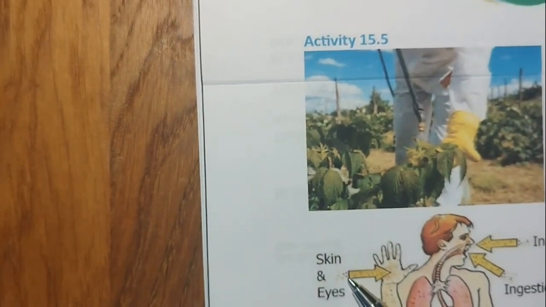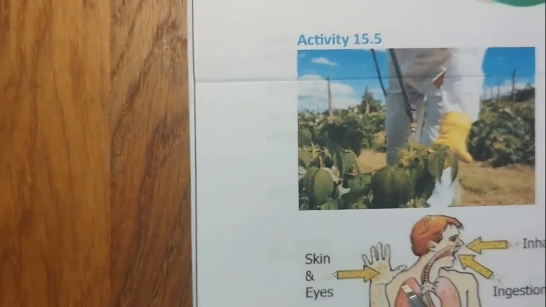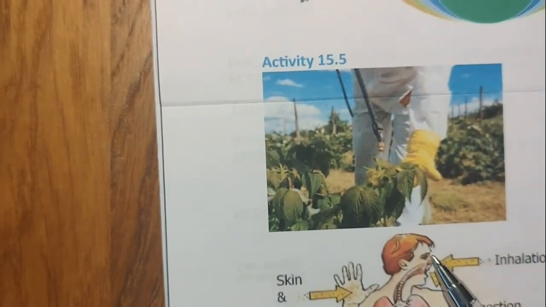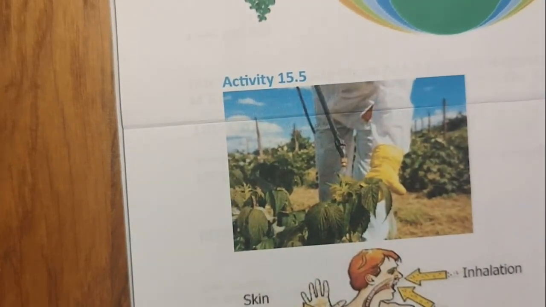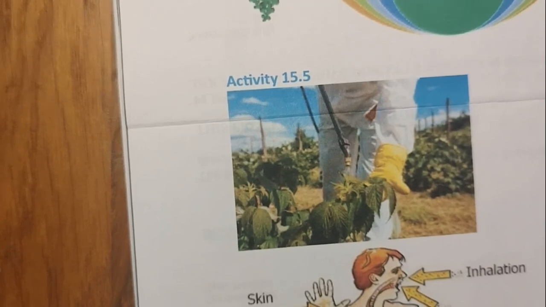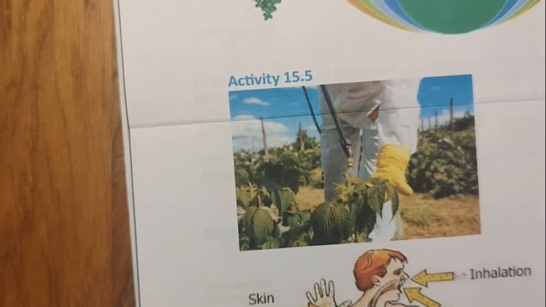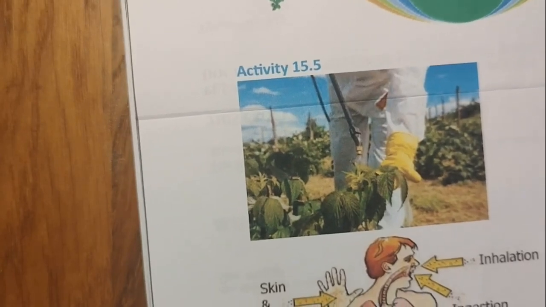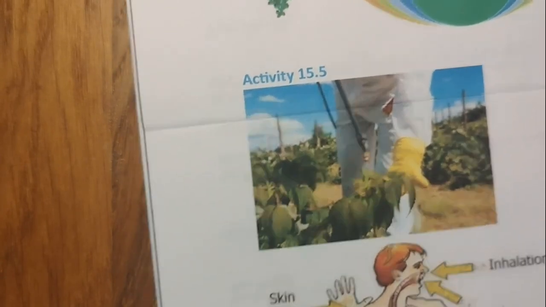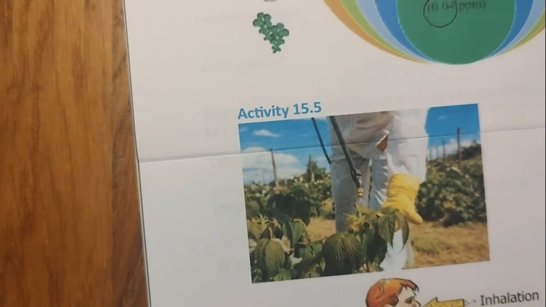They can also enter through skin contact or through the eyes or the nose. So these are the different routes of entry of pesticides: through inhalation, through contact, or through consumption of packed food.